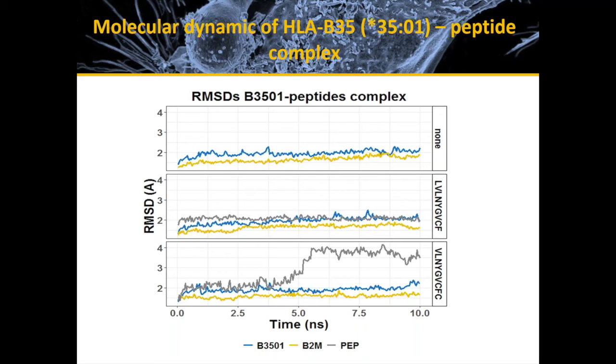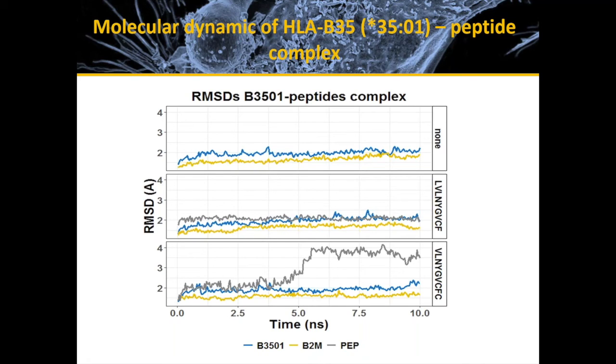On the bottom of the slide, you can see the simulation in which we used a predicted non-binder. In this simulation, RMSD values for the non-binder quickly reach 4 angstroms soon after the beginning of the simulation and remain around that value during the entire simulation.